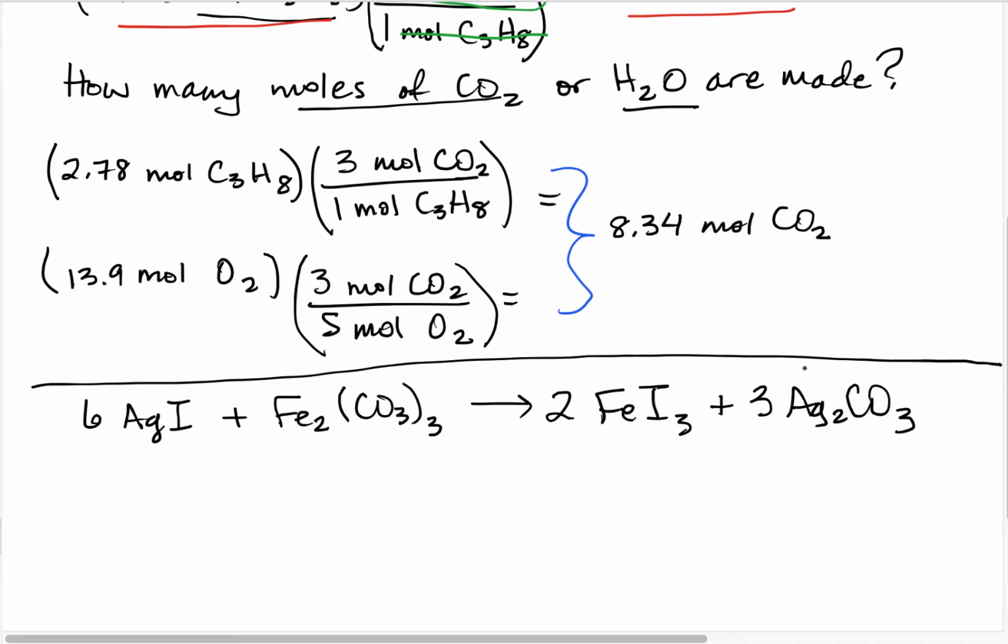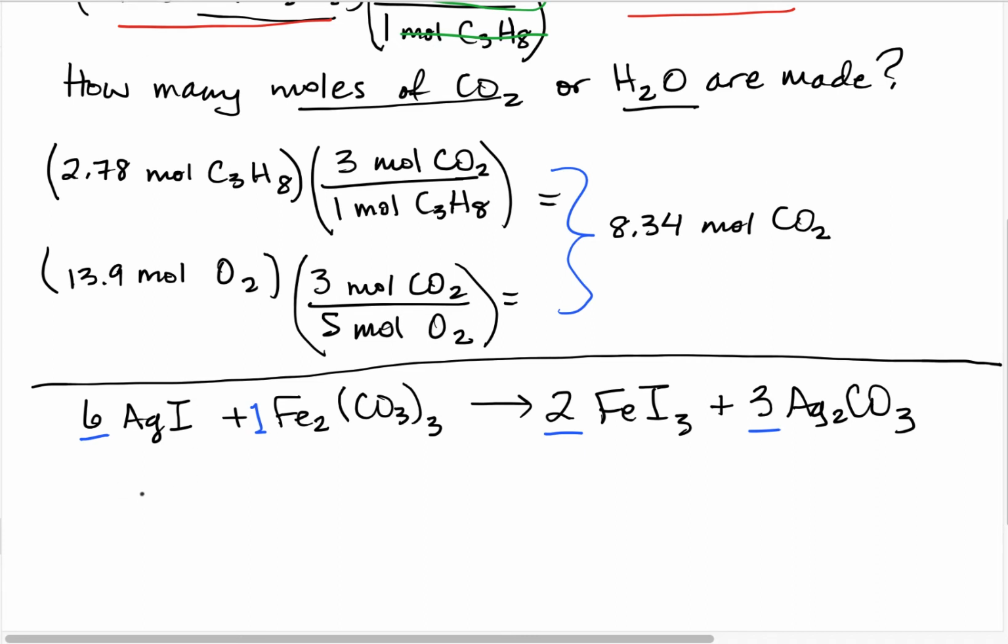From the balanced chemical equation again, we can see that 6 moles of AgI react with 1 mole of Fe2CO3 to make 2 moles of FeI3 and 3 moles of Ag2CO3.